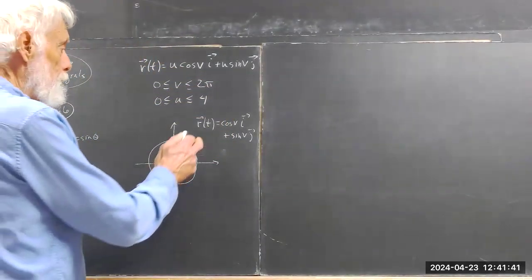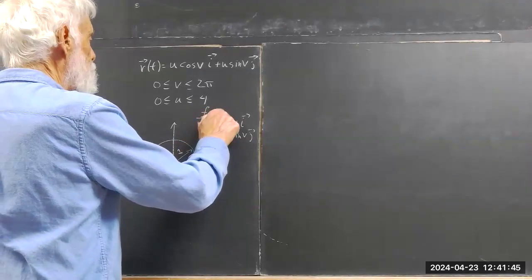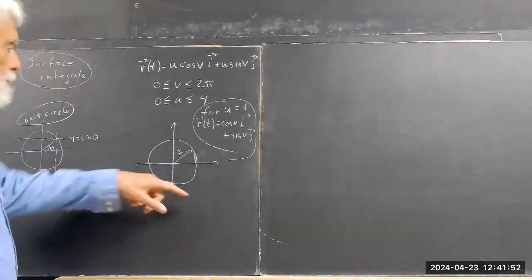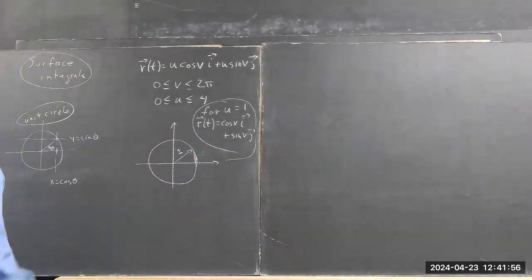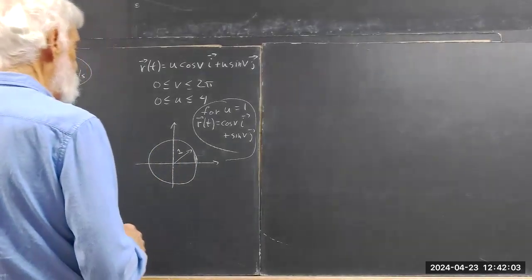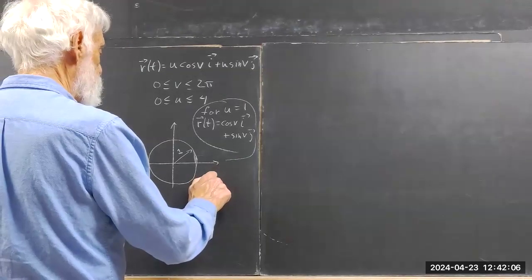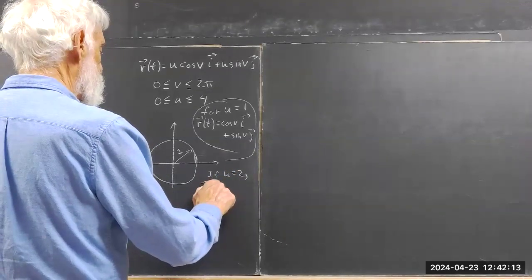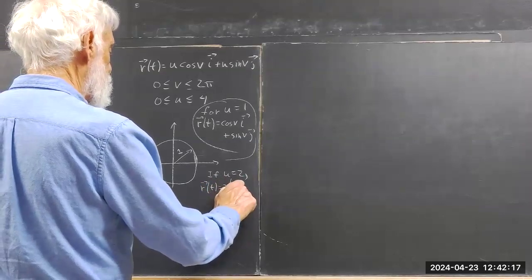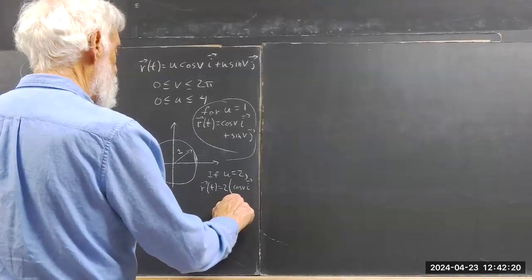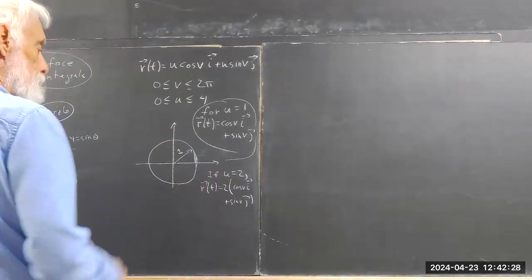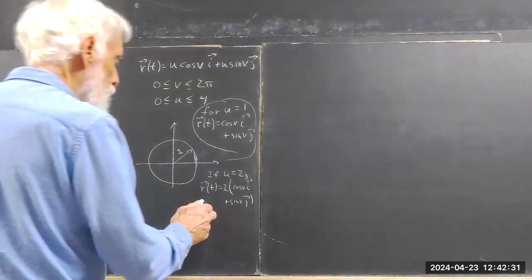Okay. So for u equals 1, you have the unit circle, by the definition of the trig functions, sine and cosine. Now, if u equals 2, your R of t restricted to u equals 2 gives you 2 times this.